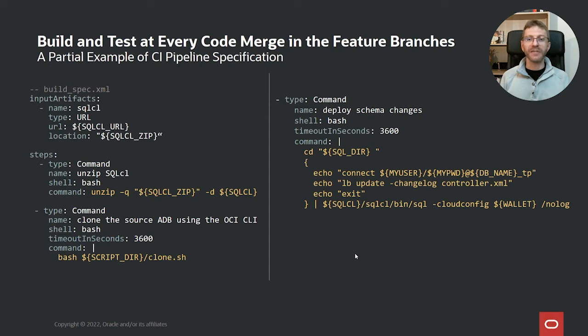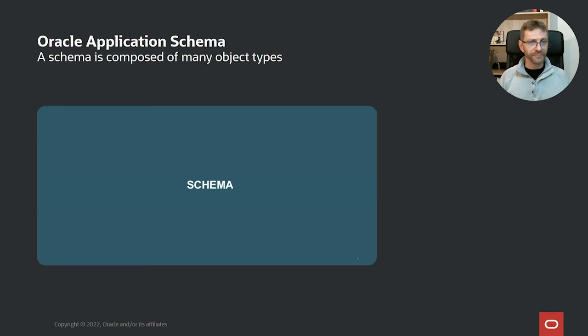We can see that we specify SQLcl with cloud config, and we specify the wallet. That is everything you need to specify for SQLcl to be able to contact the cloned database. But then you need to connect with username and password, or you can use a wallet for that if you want, or another authentication mechanism, and then update the schema itself by running Liquibase update.